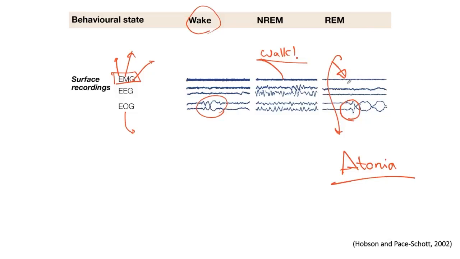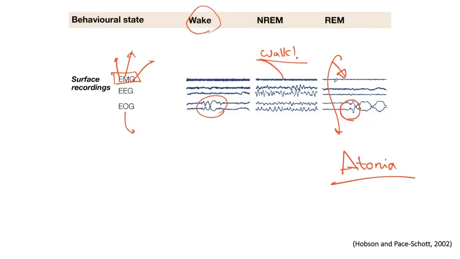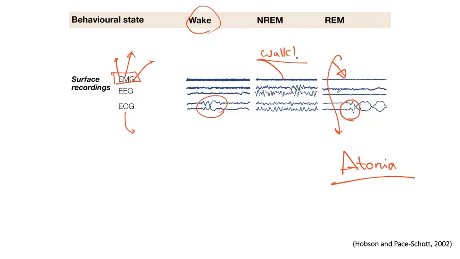It's interesting that there is a variation in terms of having atonia in your skeletal muscles, but not in your eyes. If you didn't have this atonia in your muscular system, then you probably would be running and screaming and doing lots of different things while in REM sleep, and it would not work. So it is an interesting observation in terms of the recordings.